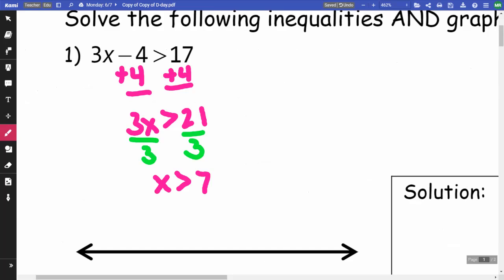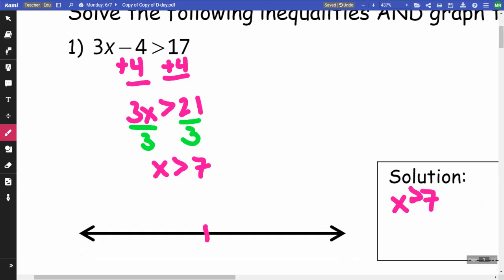So x is greater than 7, so that is going to be my solution. And in terms of a graph, I'm going to have 7 here. I'm going to have an open circle, and greater than is this direction. And so that's my graph. Open circle, shade to the right.